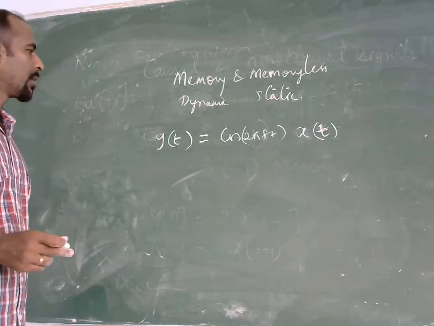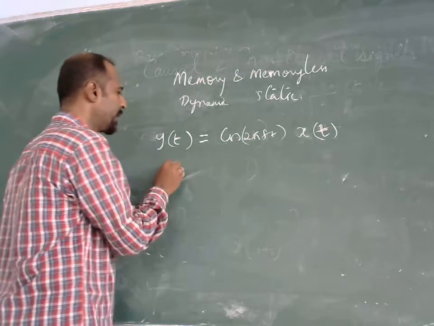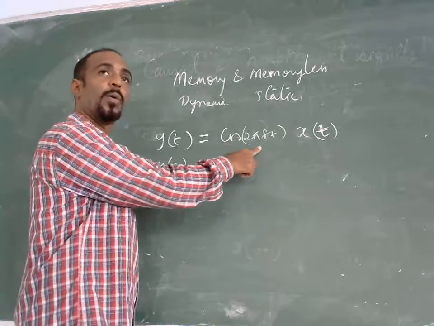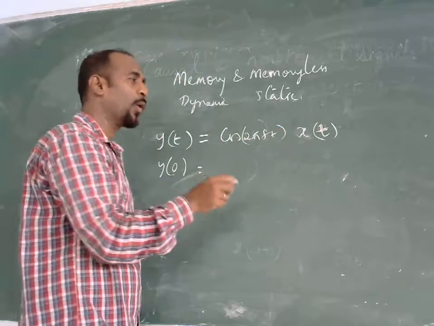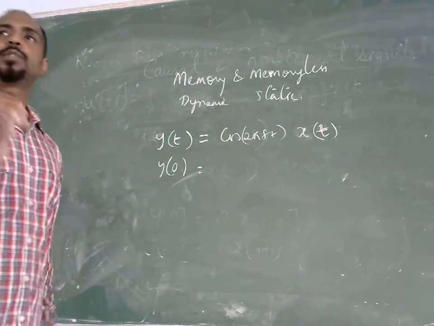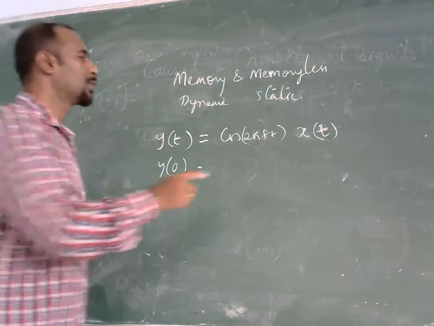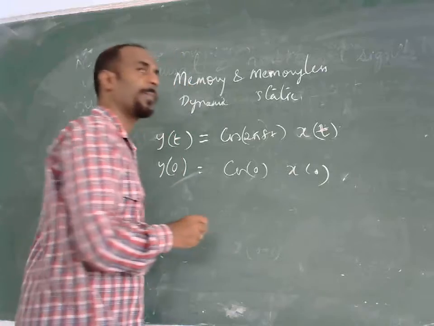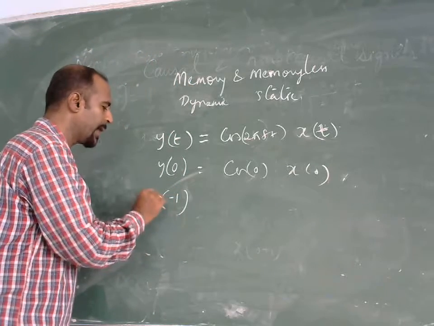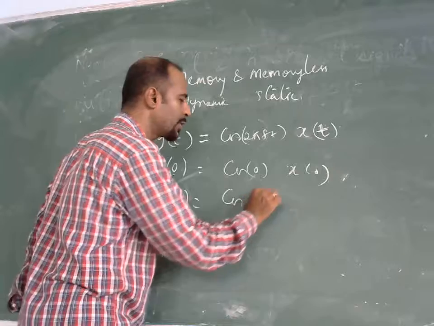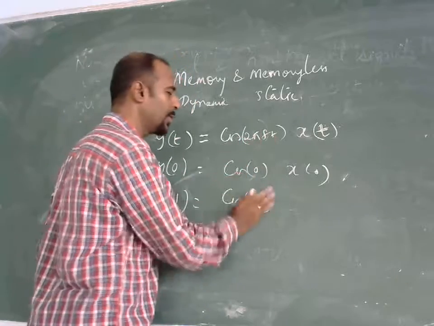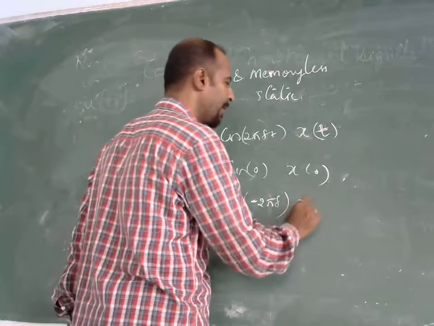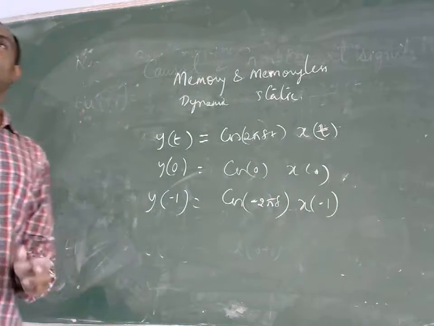Now at t equals 0, y of 0 is equal to cos of 0 and x of 0. So x of t is the input signal, so this is cos 0 and x of 0. At t equals minus 1, y of minus 1 is equal to cos of minus 2 pi f and x of minus 1.